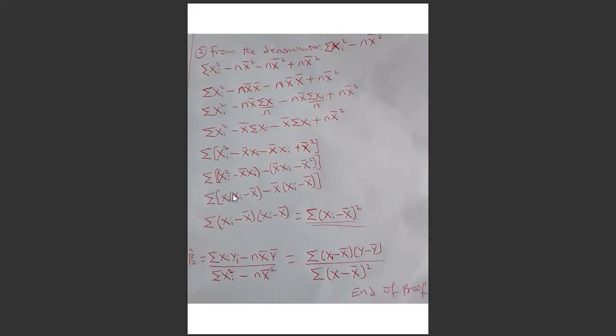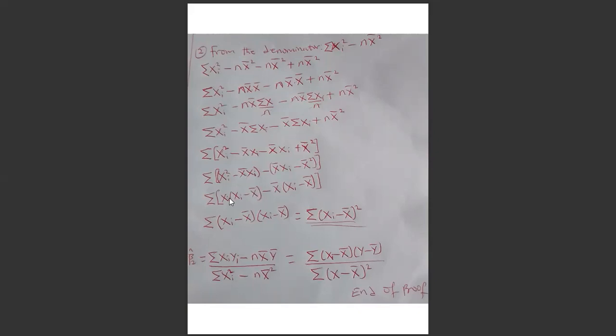Next, we factor out the common element in each of the groups. We have x common here, and we have x bar common here. When we factor out x, we have x outside the bracket, and we open the bracket: x left here minus, since we already factored out x, we are left with x bar.